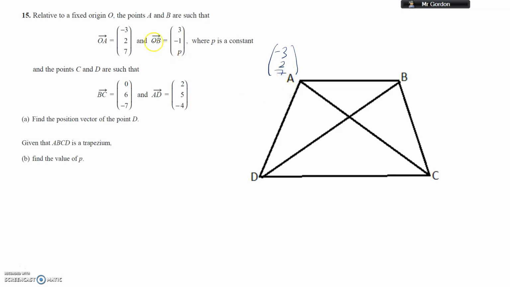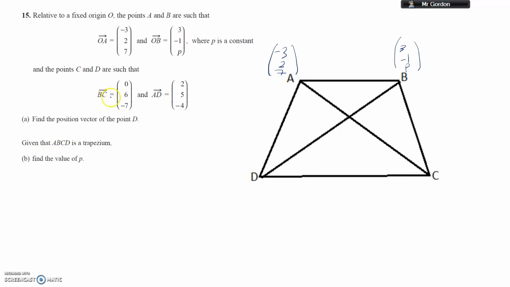We've got another position vector here, so those are the actual coordinates for B. That's 3, -1, and our constant P, which is a value we've got to find at some point. We also know some other relationships. We've got C and D. We're told in the second part it's a trapezium, which is why I've drawn it this way.